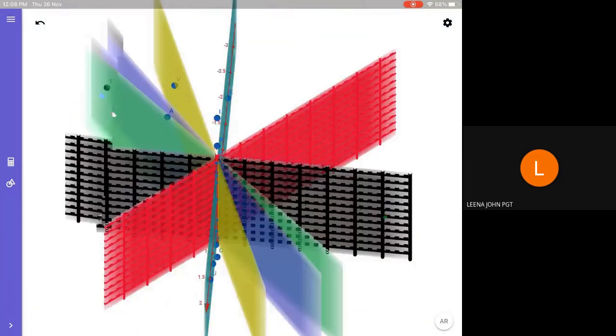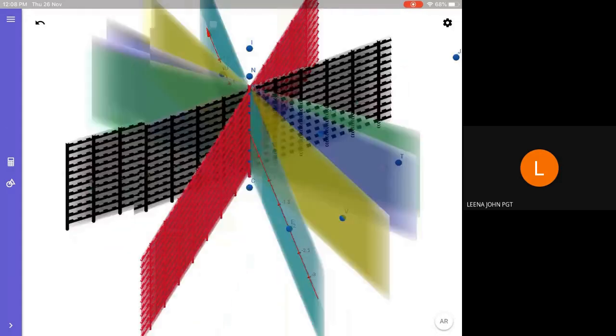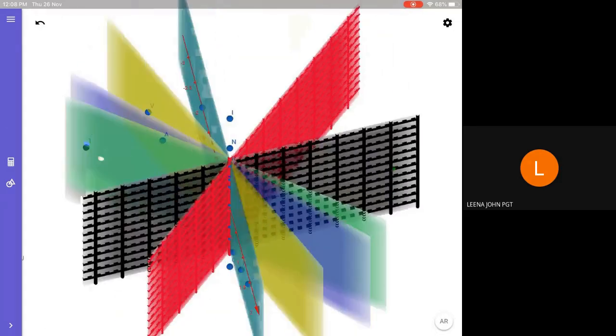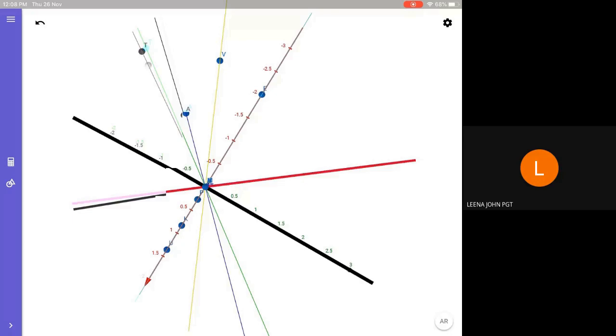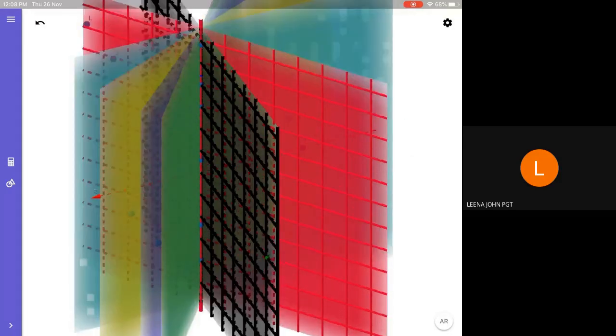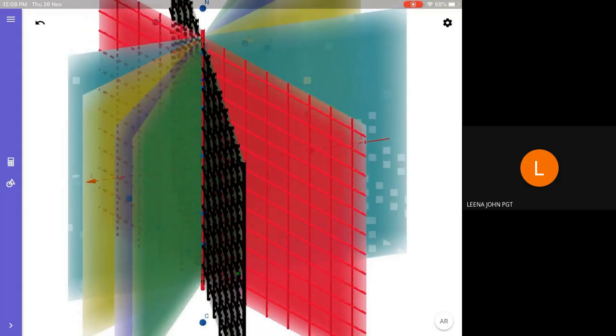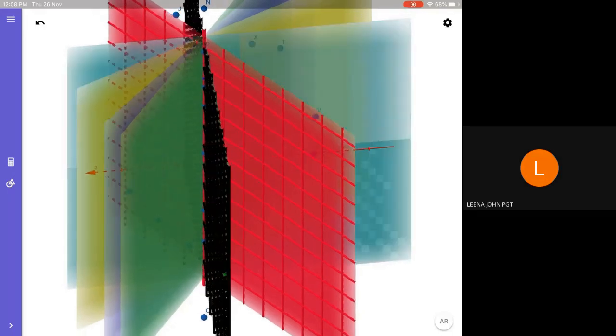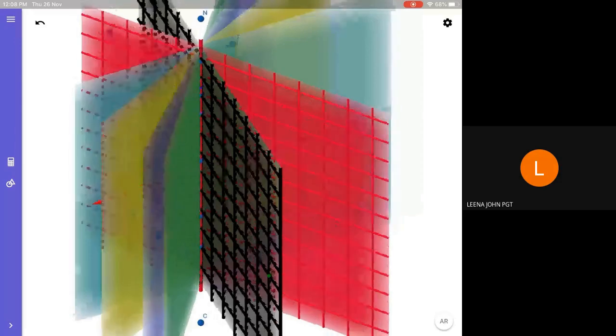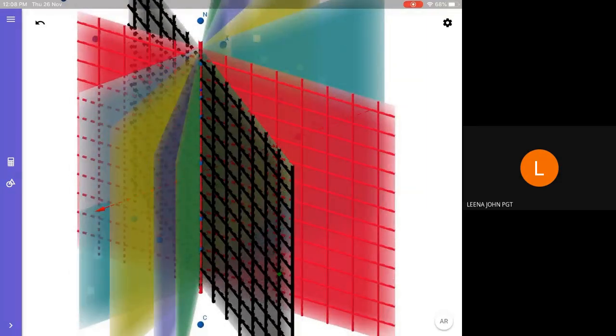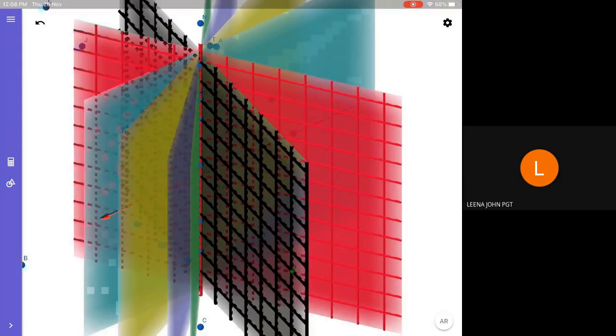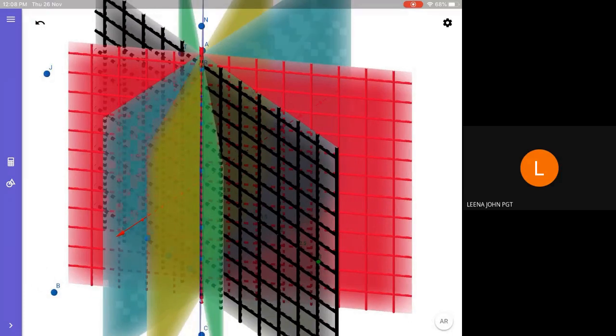We are given two planes, a black plane and a red plane. There is a line of intersection of this black and red plane, and through the line of intersection of the two planes there can be infinitely many planes passing through.